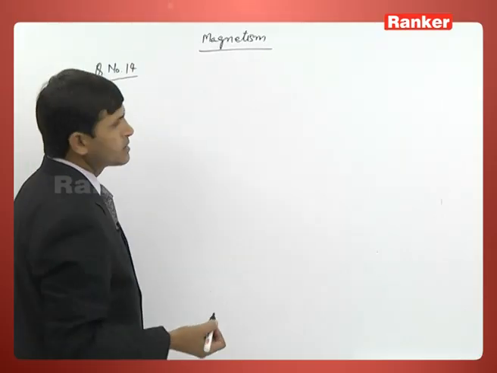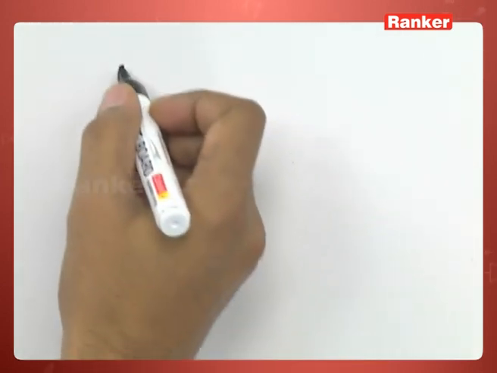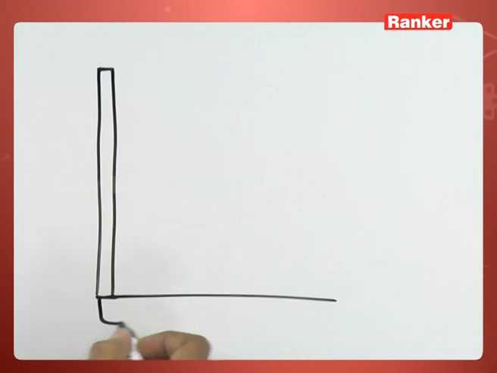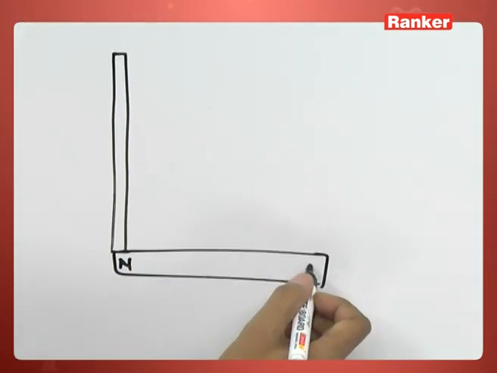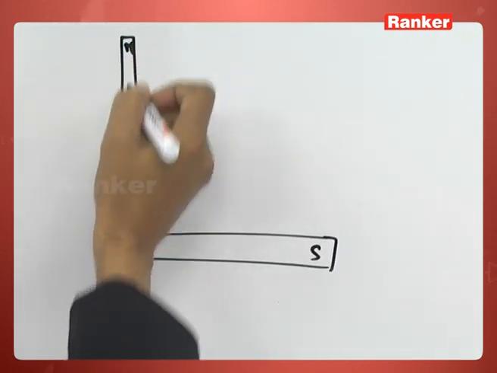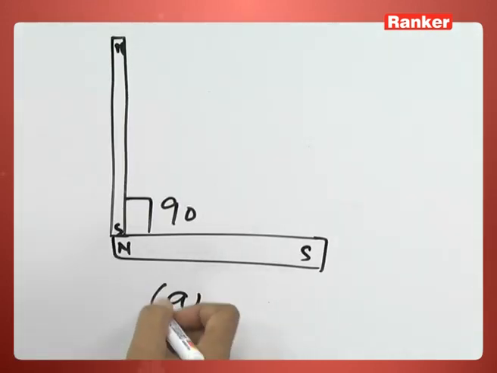In this, there are four different sets given. In the one set, this is one magnet and this is another magnet, north and south, south and north, and this angle here is 90 degree. This is the first.